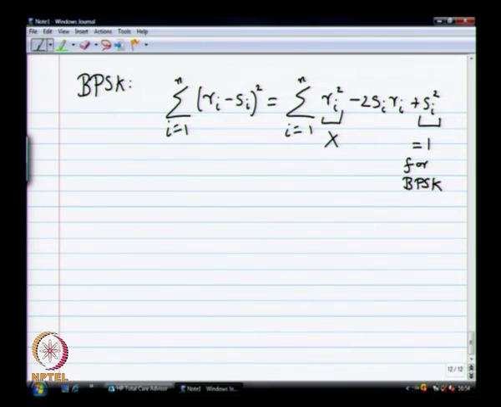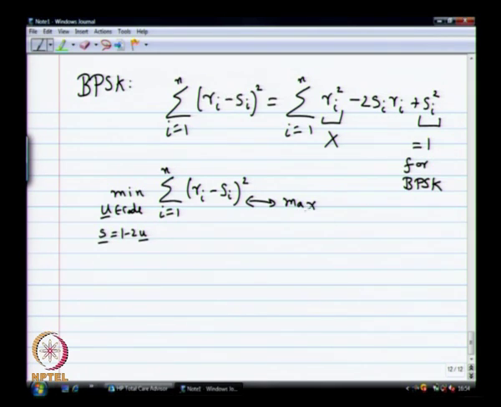So if I want to minimize this expression over u in code, S is 1 minus 2u, this is important, BPSK is very important, this is the same as maximizing over u in code, S is 1 minus 2u, the summation i equals 1 to n of Si Ri.